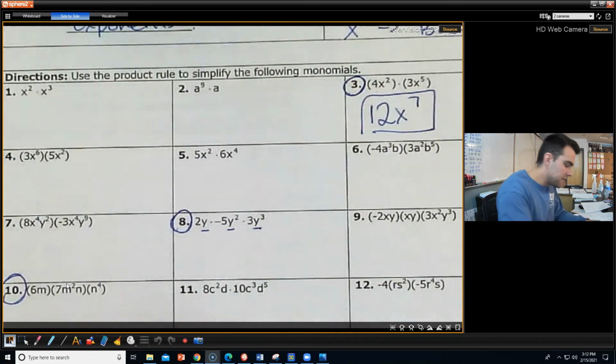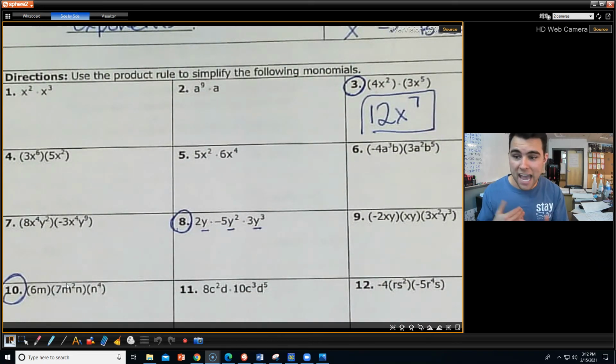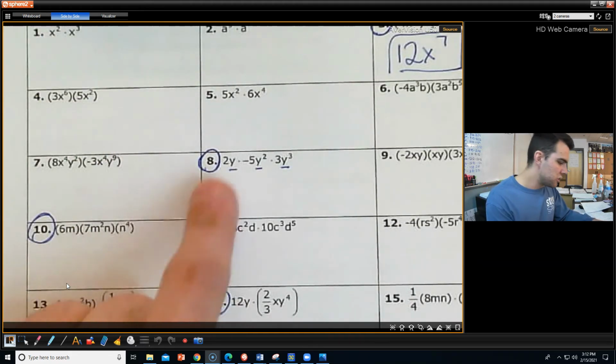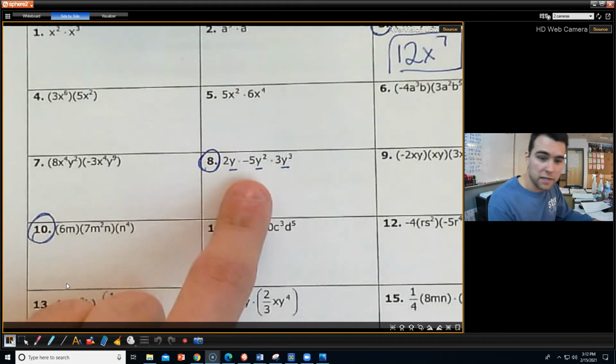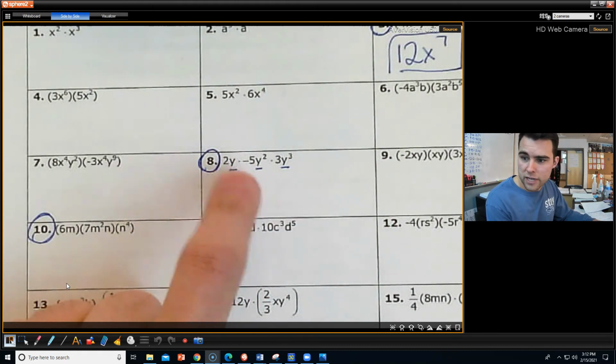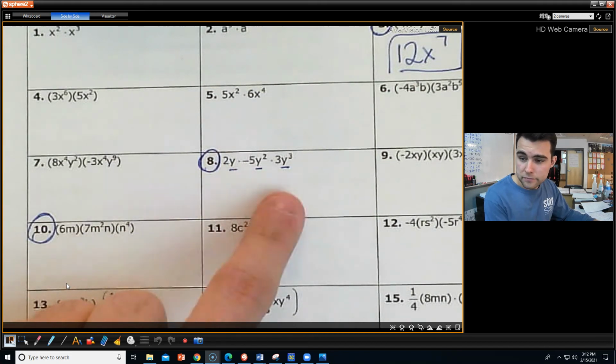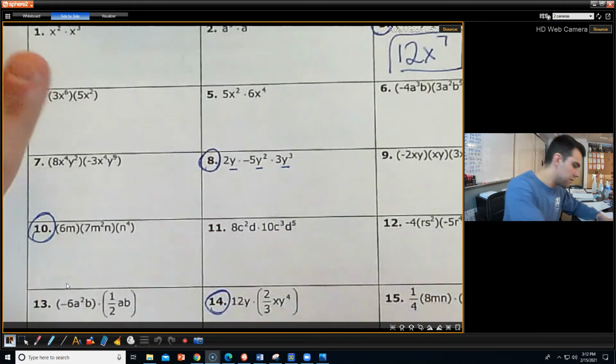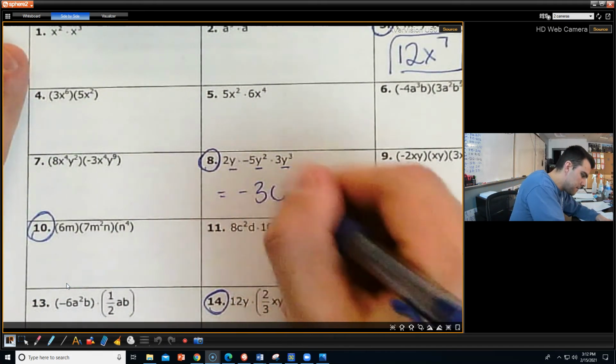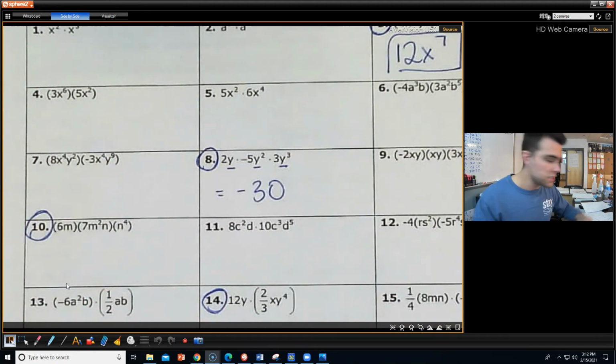That's great, so that means we can add all those exponents up. The first thing we have to do, though, is multiply the coefficients. So that's 2 times negative 5 times 3. 2 times negative 5 is negative 10. Times 3 is negative 30. The bases are the same.